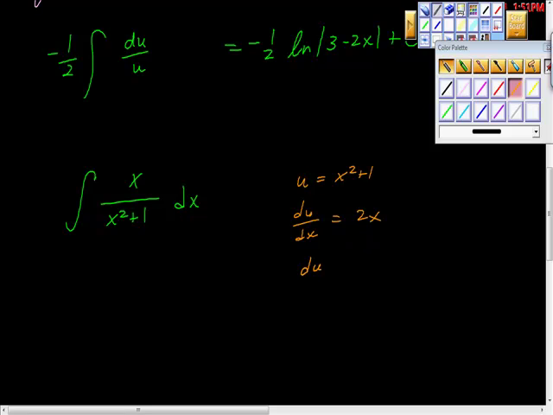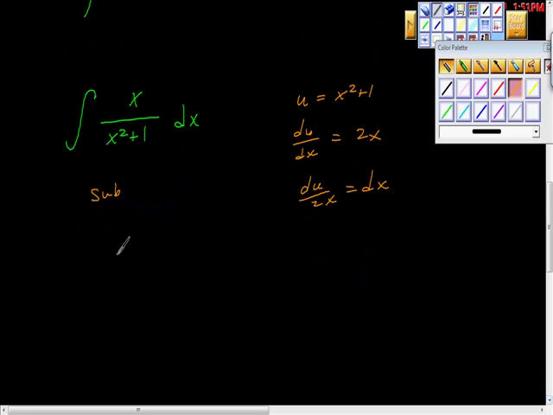du over 2x is equal to dx. If you're doing this right, first we multiply dx by both sides, and then we divide it out, but I'm just skipping to it now, because I'm hoping when you see this in class, you'll just be able to take it like this. So substitute, right? The x does not have a substitution value, does it?